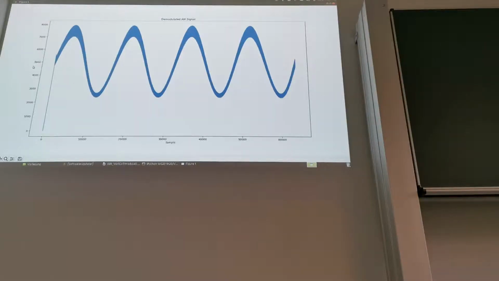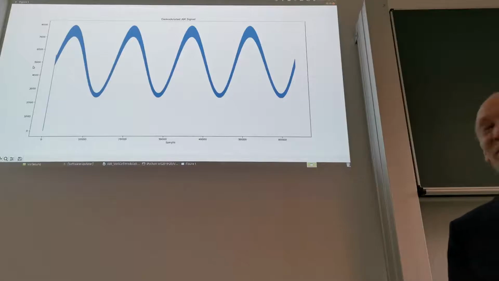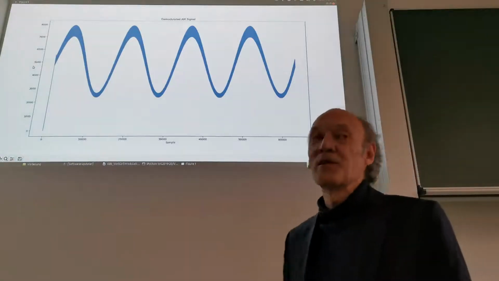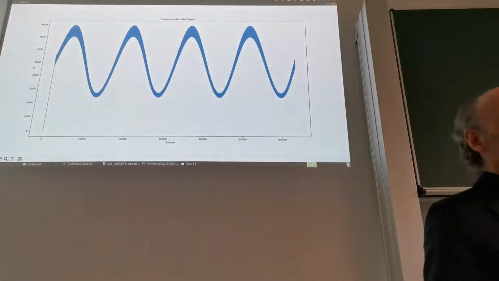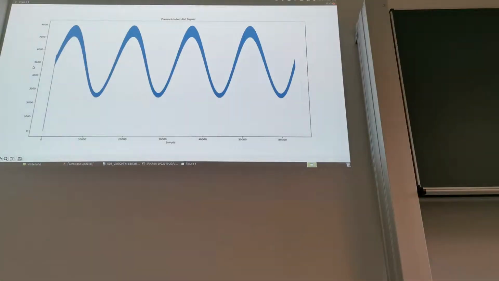So why is this 5000 and not the 1? Any idea? Basically this is this factor of A. Remember in amplitude modulation we always have this factor of A, which depends on the strength of our transmitter and the strength of the received signal. So we always have some unknown factor.